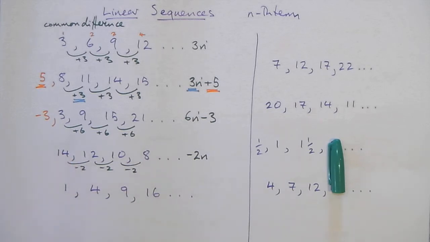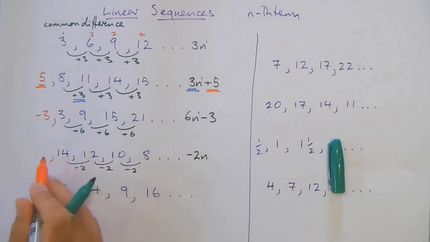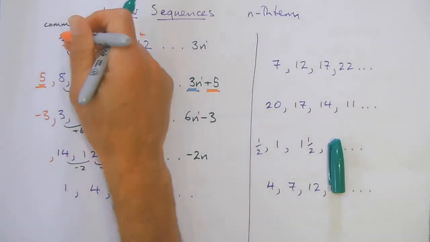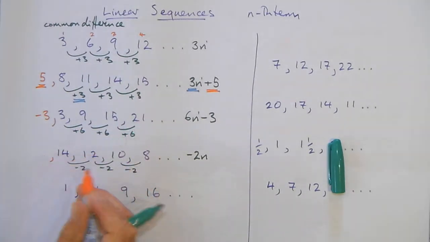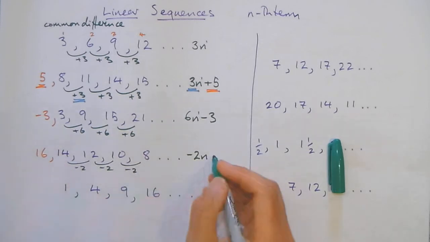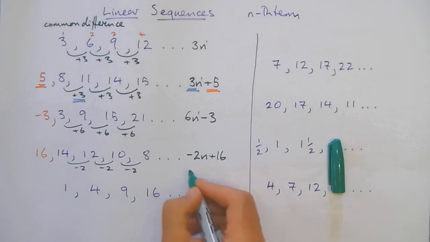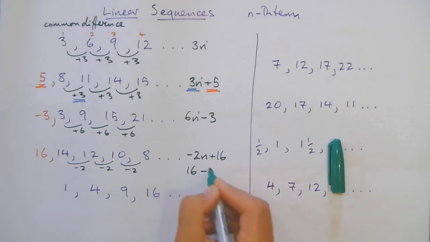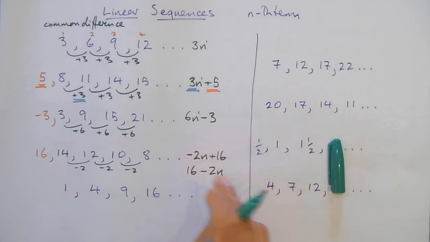Or, and this is where people particularly like this method, if you invented the previous term, remember this is the first term, there isn't really a term here, so we're inventing it. That would be 16, a plus 16. And then sometimes people ask, well, is that the same as 16 take 2n? Yes, it is. They're both the same, okay?